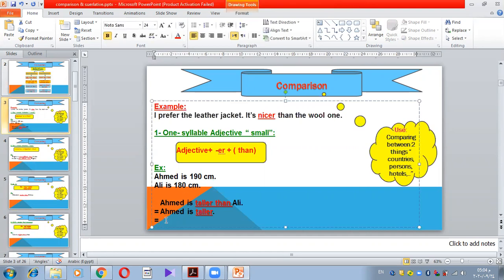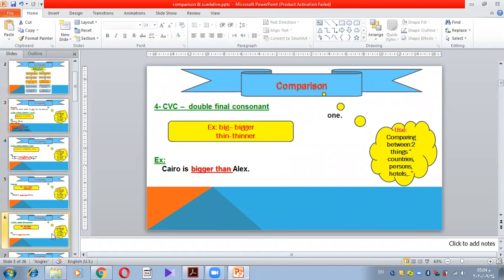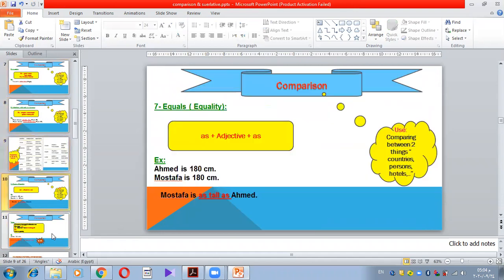We can simply say negative. Ali isn't as tall as Ahmed. So simply you can say it like this, guys. Okay, Ali isn't as tall as Ahmed. So you can use it in the negative form, okay, or you can use it in the positive form as we said. Okay, you got it now?